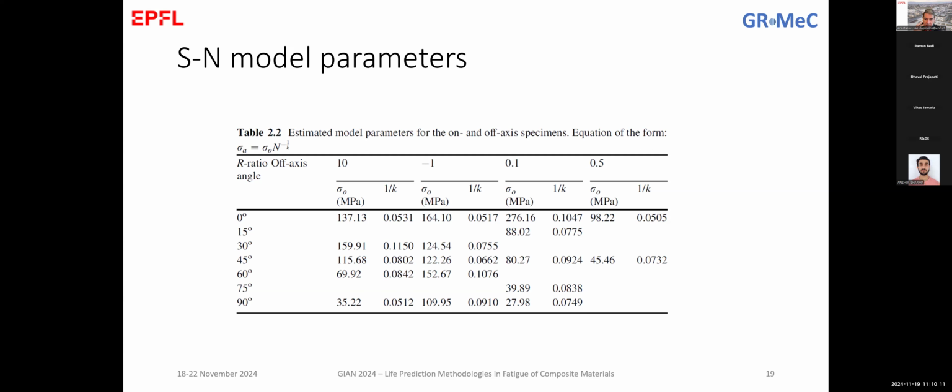If you think a bit of this definition, the R ratio equal to 1 is a creep test. Can you imagine this? R ratio equal to 1 means that you are loading, you go to a certain value, and then you stay there without amplitude.